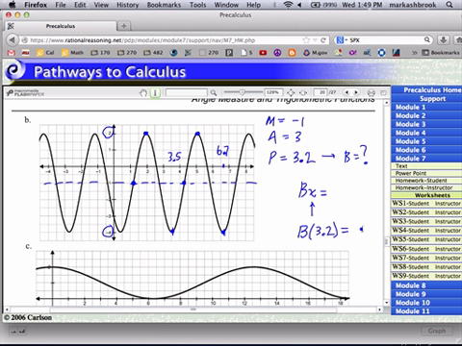The argument should reach 2 pi to get 1 full cycle of values. So we're trying to write the equation, and we need that b value. When the input hits the period, that argument should hit 2 pi, and that will give us what b should be. So b is 2 pi over 3.2.